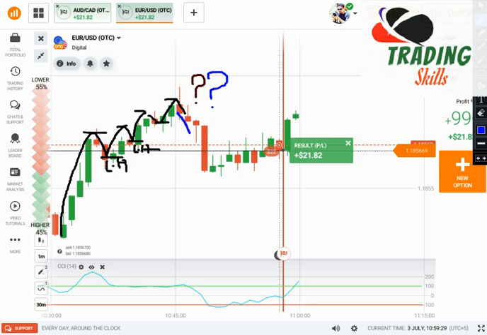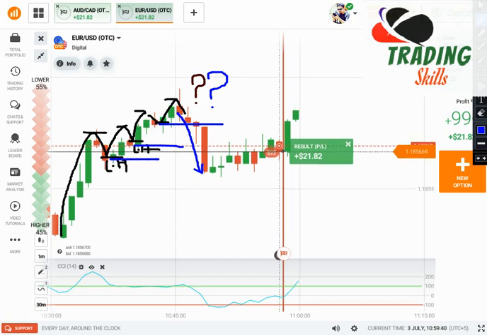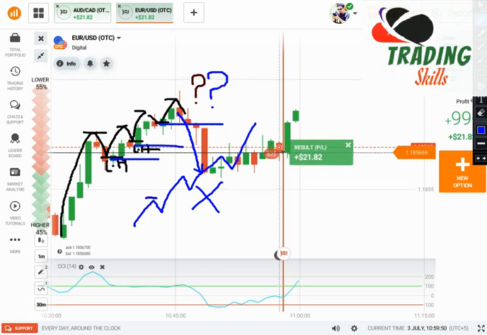Now we are facing a bearish momentum, and this bearish momentum broke this area, it broke this area, it broke this area. So it means that now market is not following the higher high movement. So it means we need to think about how to take the trades.